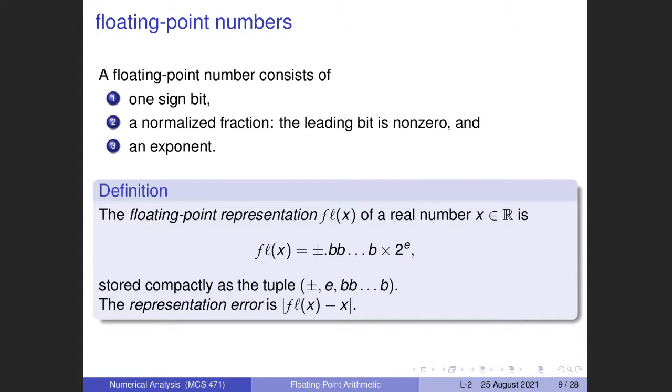And with that, we can also make more formal what we mean by the representation error. In scientific notation, we see the E, and let's not confuse the E with the transcendental constant e. The E is saying that there is an exponent following.